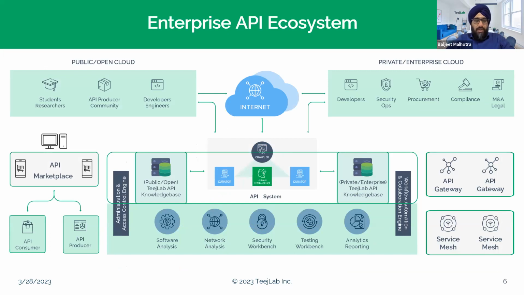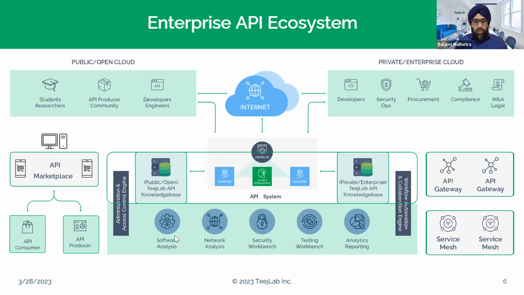Now, I want to grab your attention on how an enterprise API ecosystem looks today. Through our research with various prospects and customers, and also looking into various very large enterprise API ecosystems, what we have found is that enterprise API ecosystems are already very complex. Let me explain how. If you look at the bottom of this figure, you see different security tools and different analytical tools.